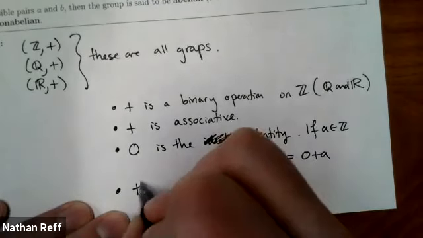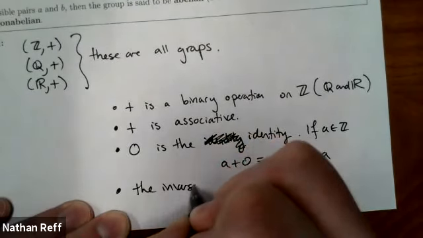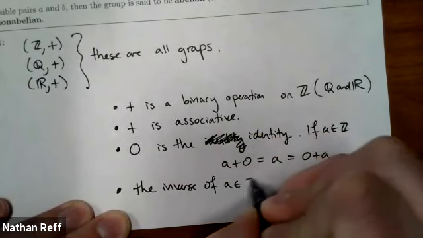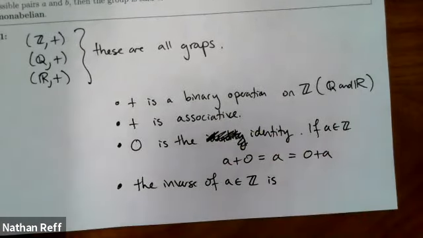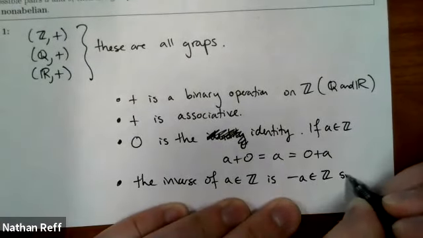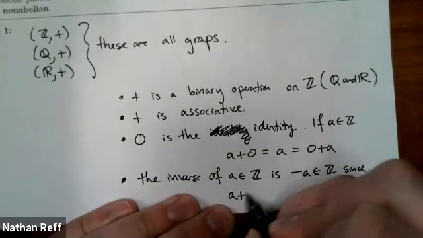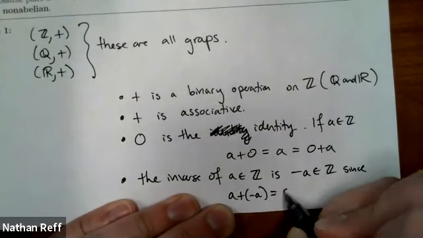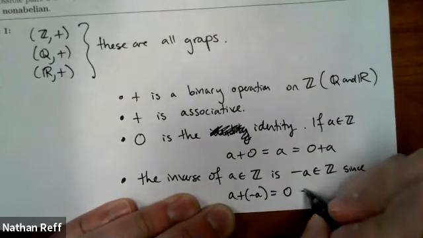The inverse of A is, yeah, negative A, right? Negative A is certainly an integer, since if I take A and add it to negative A, I will get the identity.